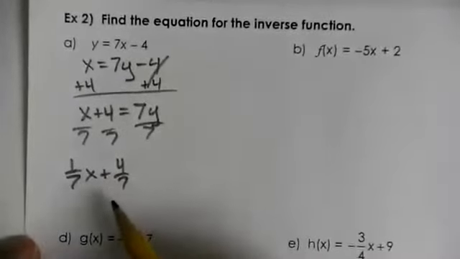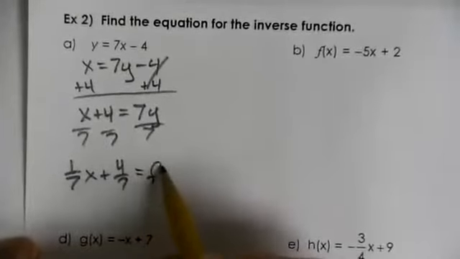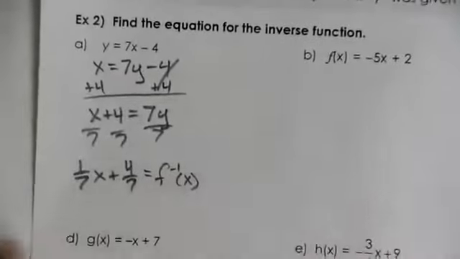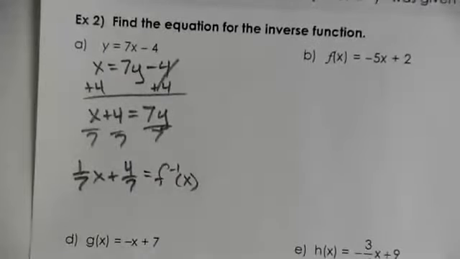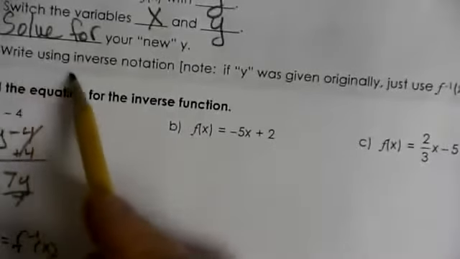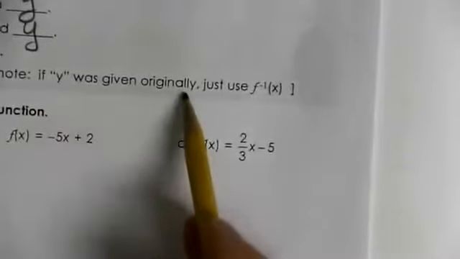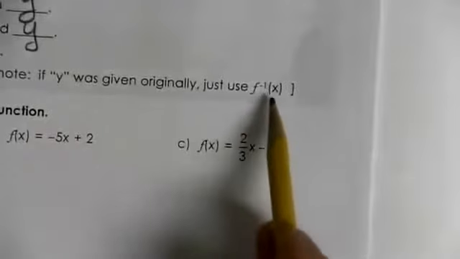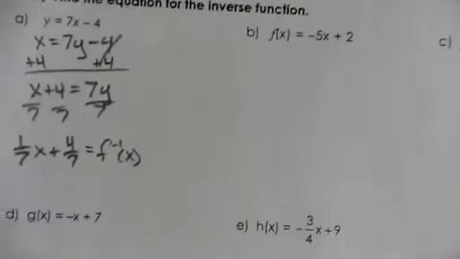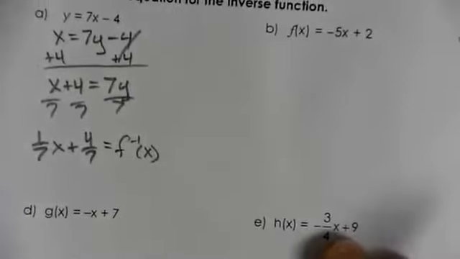That is going to be the new y value. We're going to call it f inverse of x. Right up here, using inverse notation, if y was the original, we use f inverse of x. That's our inverse function.